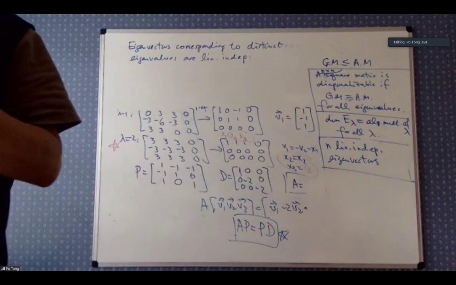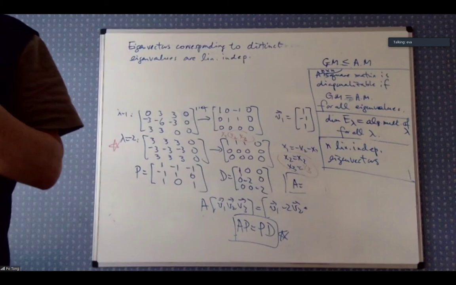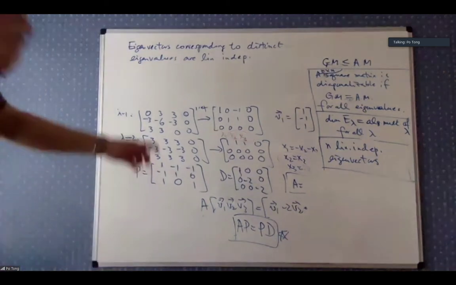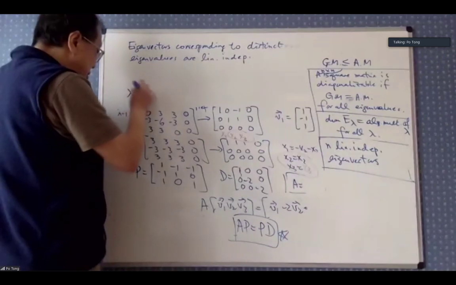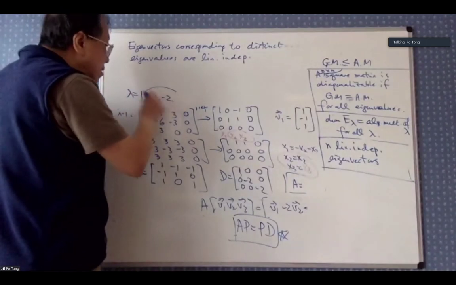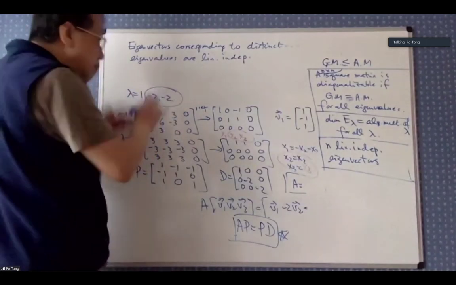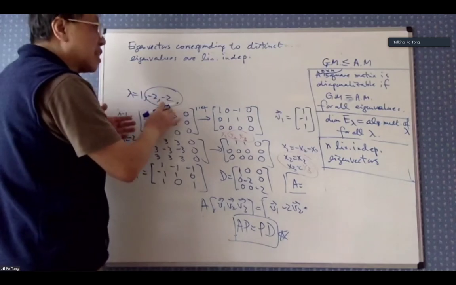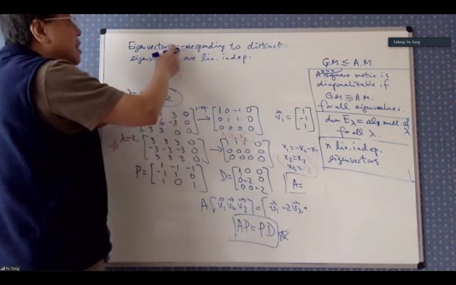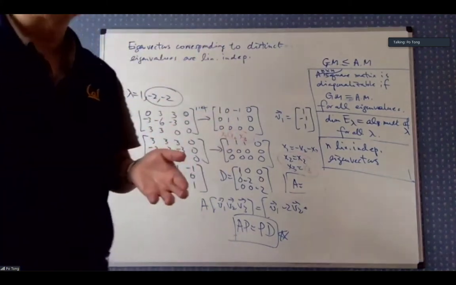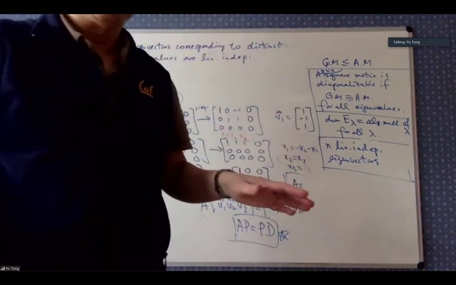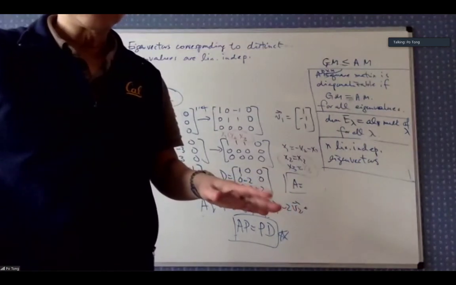You know what I'm talking about? But for the -2, they're not distinct. The -2 in this case is lambda equal to 1 and -2. This is not distinct. So it may or may not work when it's not distinct. This is just saying that if all the eigenvalues are different, then it always works.